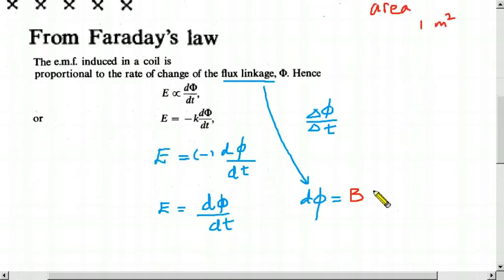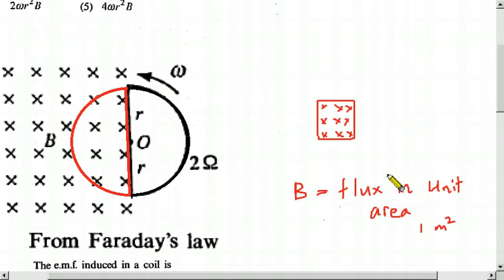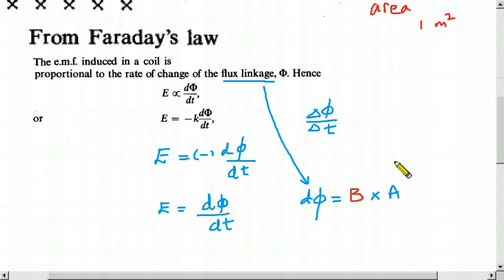So we have to multiply by area, because B is the flux in 1 square meter. So if there are 2 square meters here, we have to multiply by 2, that is the area, to get the total flux. I think you can understand like that.